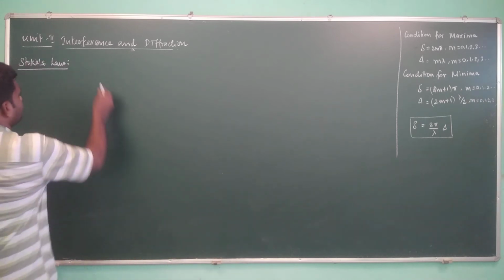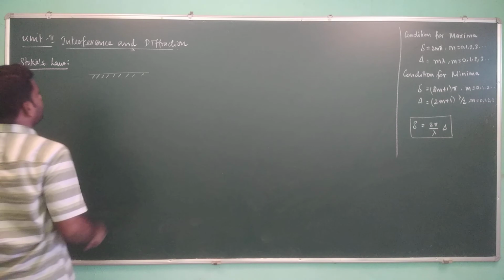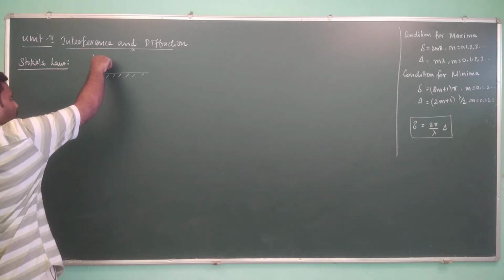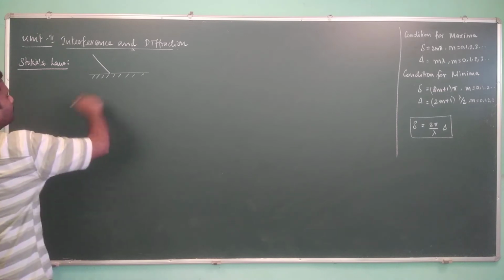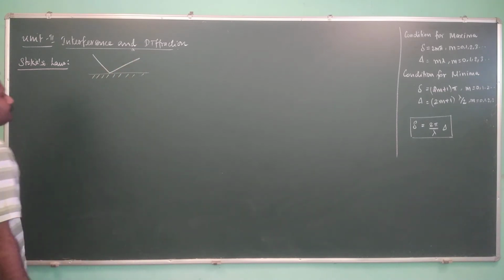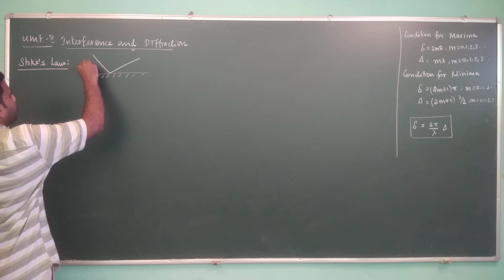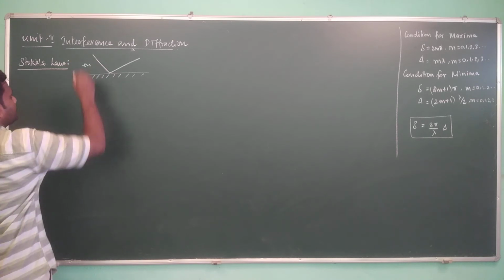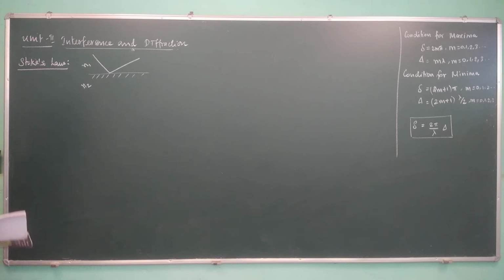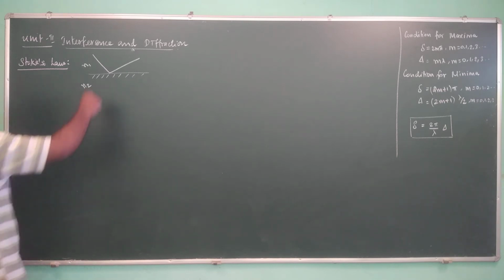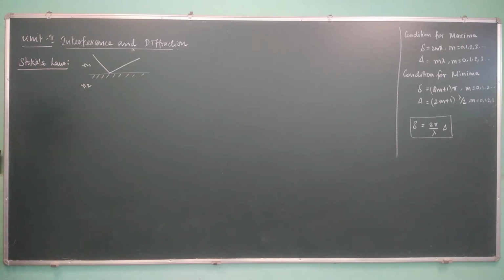Let us consider there is a surface. When a light ray travels from one medium, hits another medium and is reflected back, assume that this medium has the refractive index n1, and this medium has the refractive index n2.